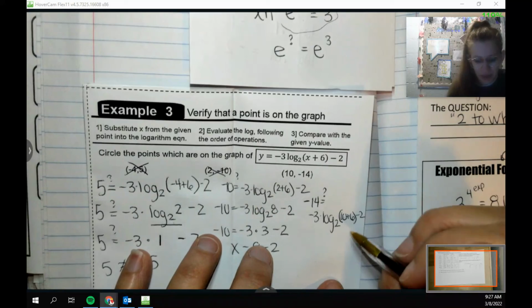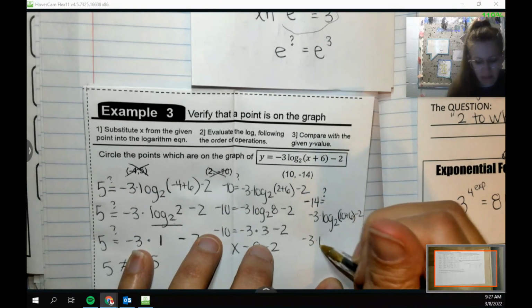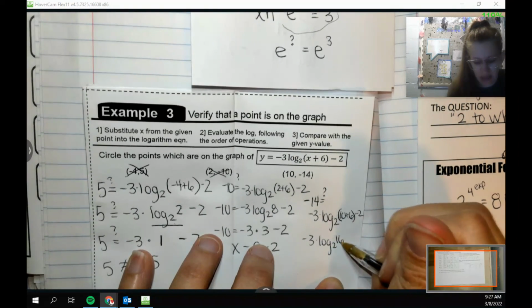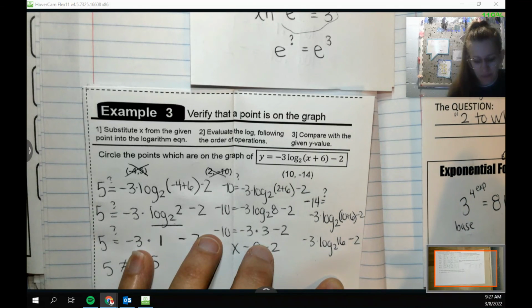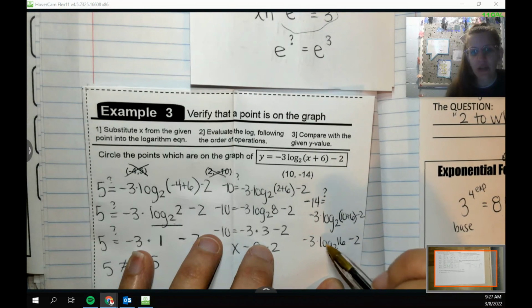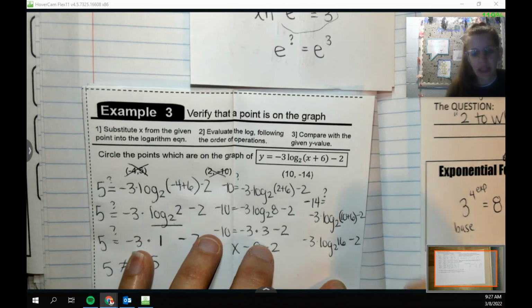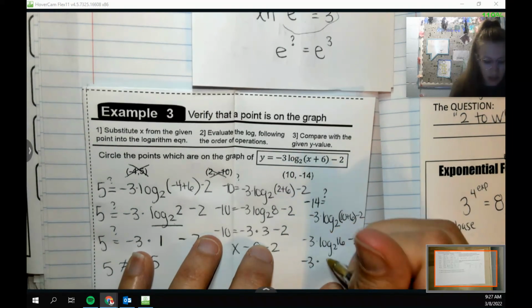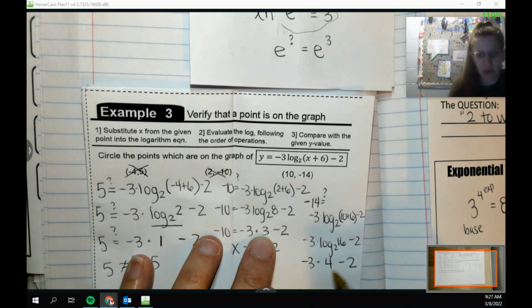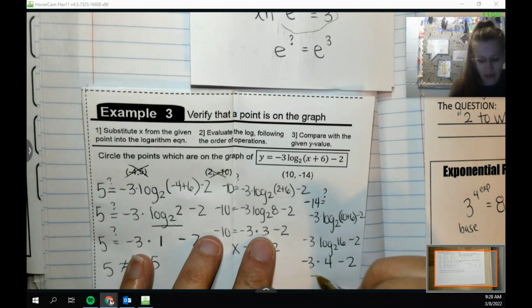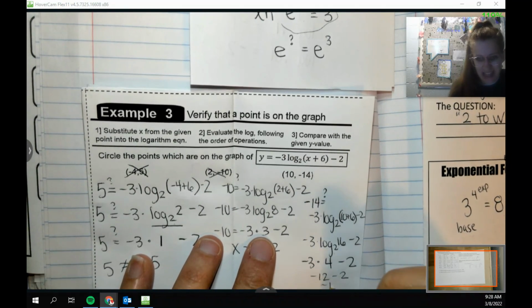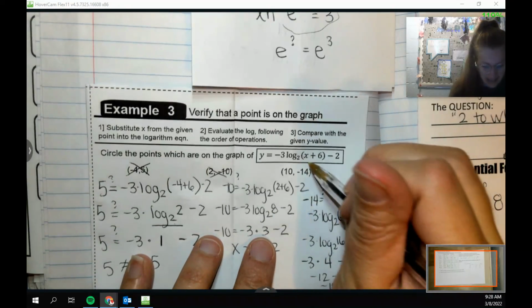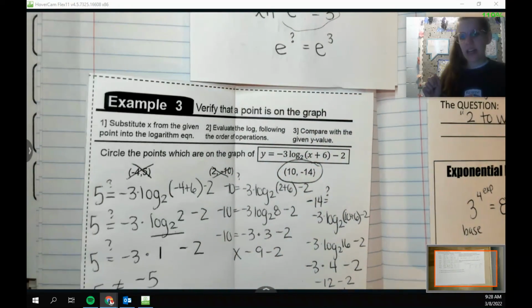Okay, so parentheses first, we'll have -3 times log base 2 of 16 minus 2. Now we got to do the logarithm. So log base 2 of 16 is 2 to what power is 16, and that's 4. And now we're in easy land. So -12 minus 2 is -14. So this one is on the graph.